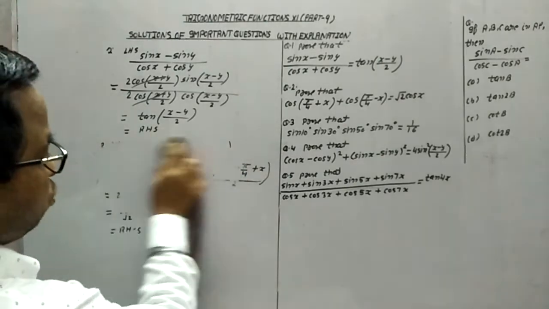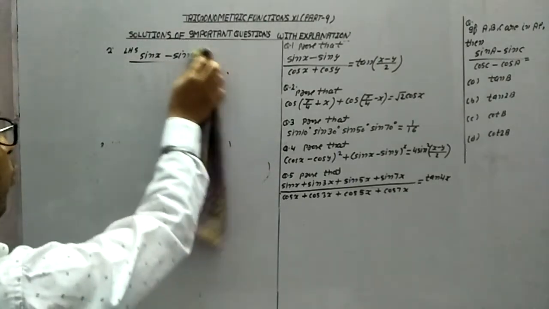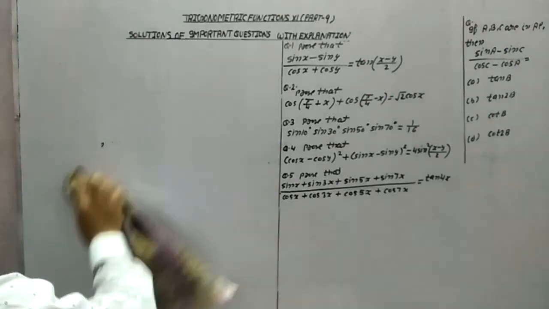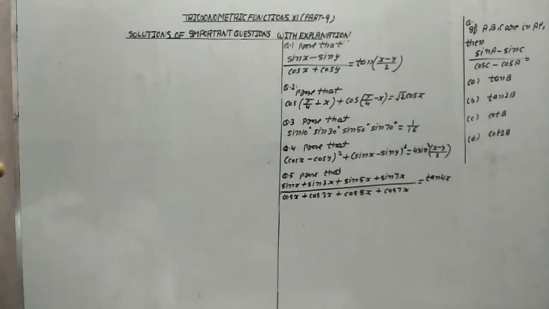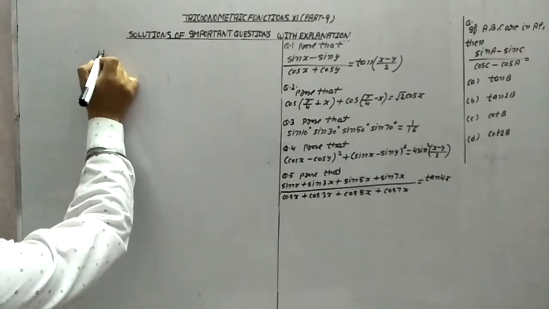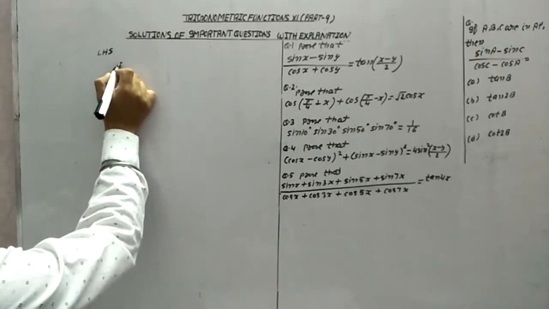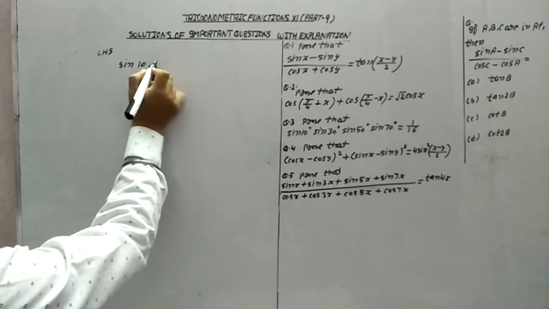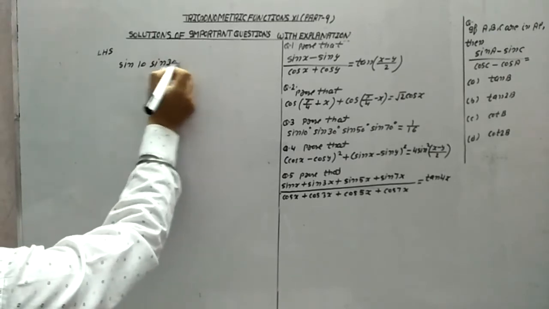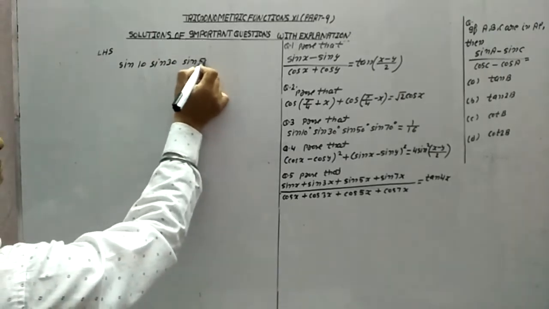Now in question number 3, there are important parts, because this question is very important. Look at this. In this third part, we have the left hand side equal to this, and we have to prove it is equal to 1 upon 16 sin 10 sin 30 sin 50 sin 70.